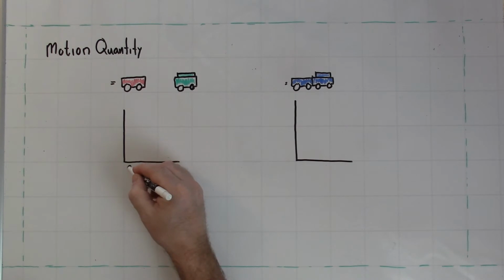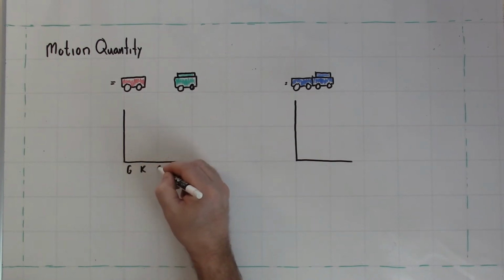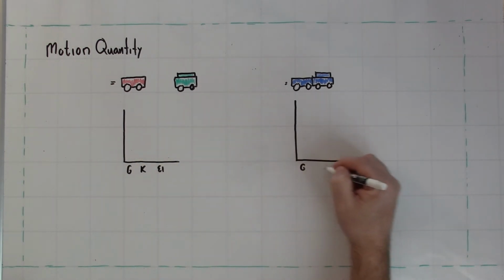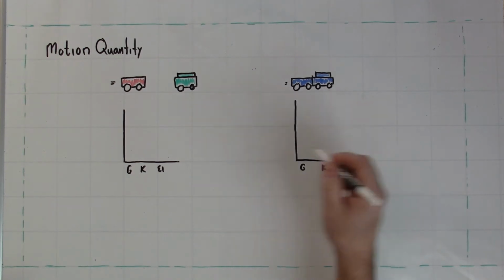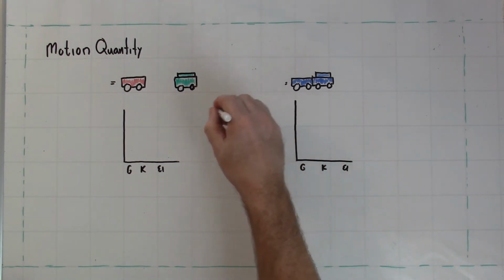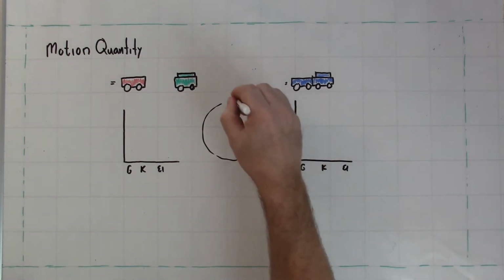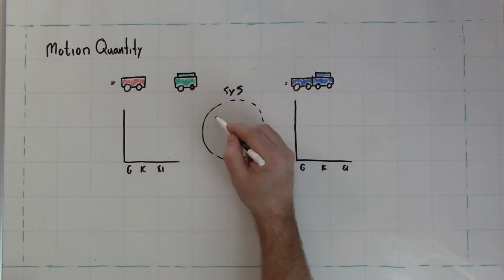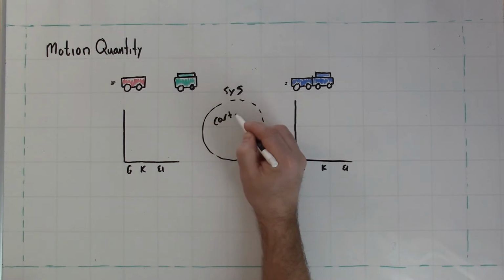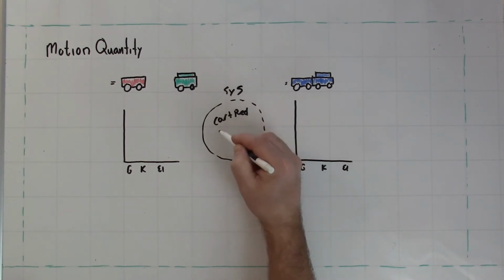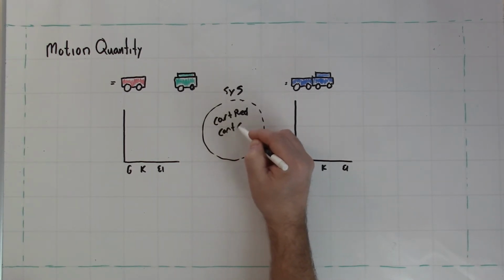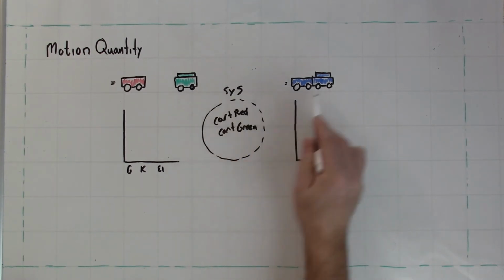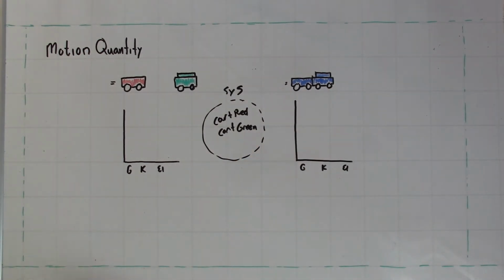So we know we're talking about gravitational, kinetic, and elastic. And let's analyze the system. So in the system, we're going to have cart red, and then cart green. And we know that together they make this blue cart over here, so we don't need to include it.